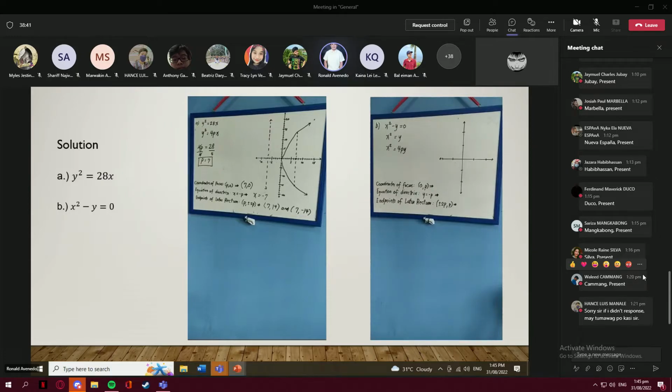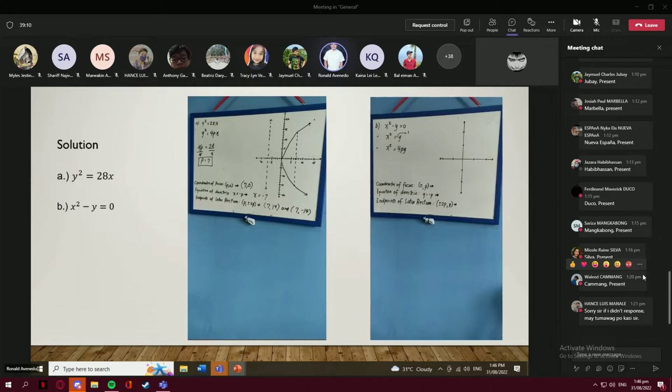So now, let us compare these two equations. x squared is equal to y, and x squared is equal to 4py. We have here x squared, then we have y. So the numerical coefficient of y is understood to be 1.